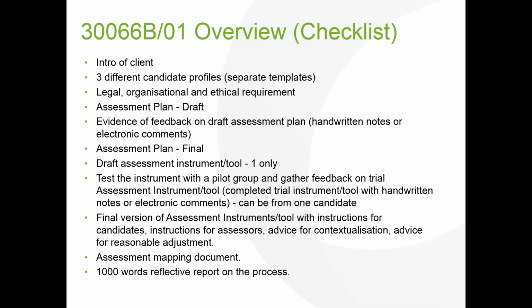That's really important. And then the assessment mapping document. I showed you, it's simple. You just need to map a part of the unit of competency which you have covered in your assessment instrument. And the last one is a 1,000 words reflective report.